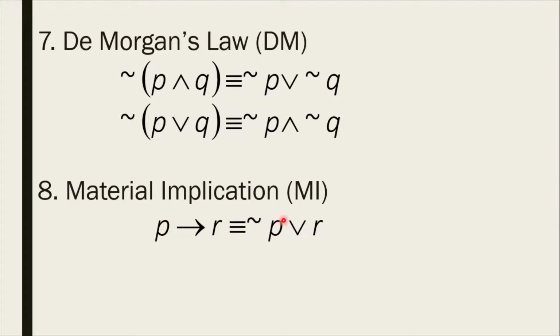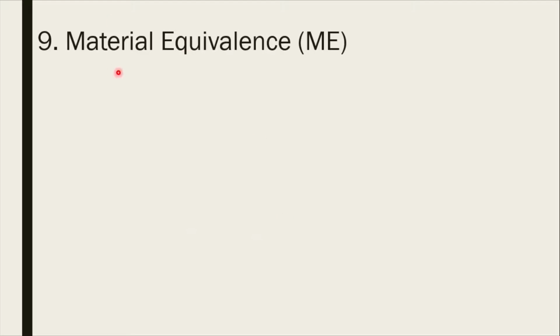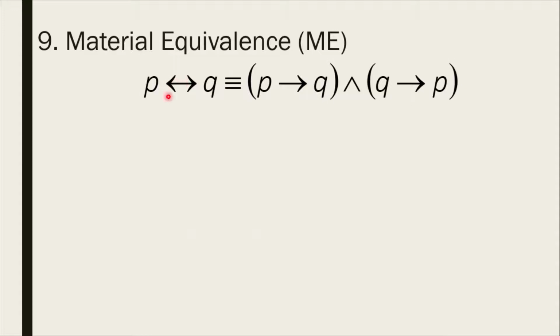Number 9 is the material equivalence. Here, we have a biconditional statement, and it is just equivalent to the conjunction of two conditional statements where the antecedent and the consequent of one is the consequent and antecedent of the other.